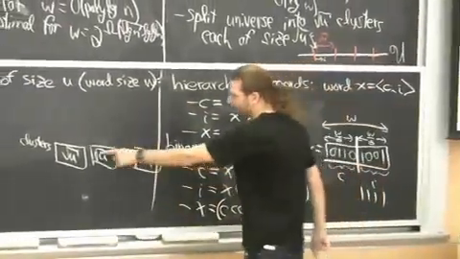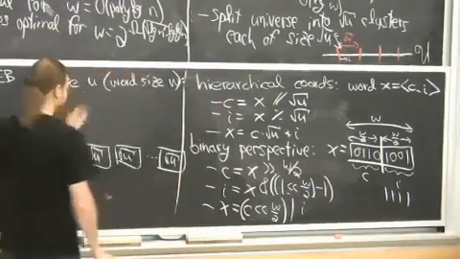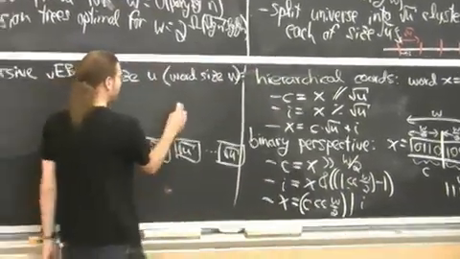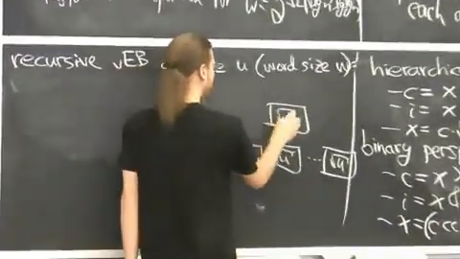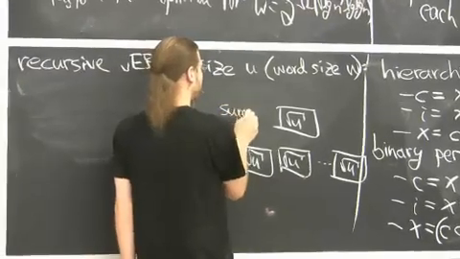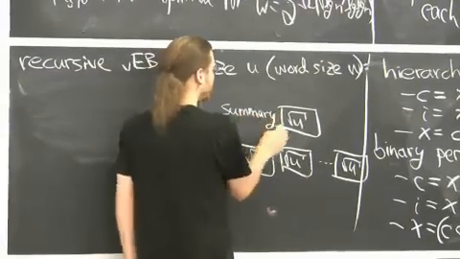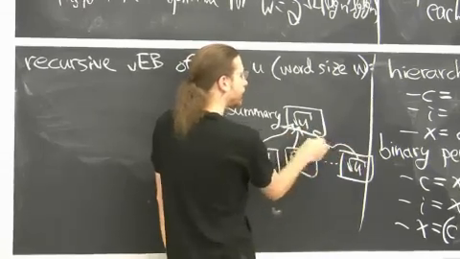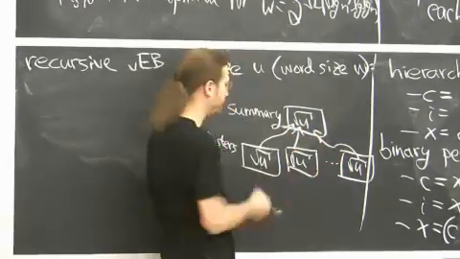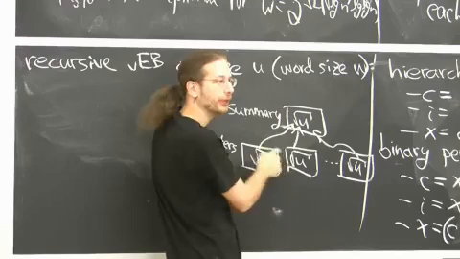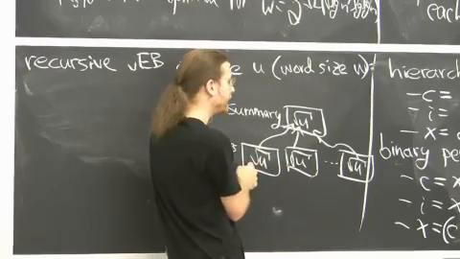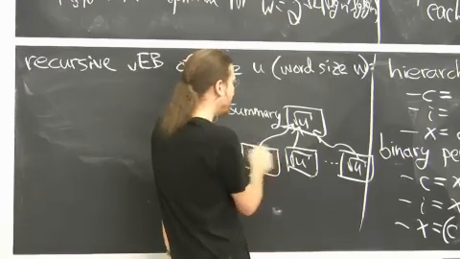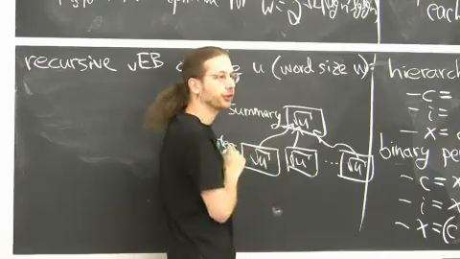So this is going to be a van Emde Boas structure of size root u. And then we also have a structure up top, which is called the summary structure. And the idea is it represents, for each of these clusters, is the cluster empty or not? Does this cluster have any items in it? Yes or no? If yes, then the name of this cluster is in the summary structure.